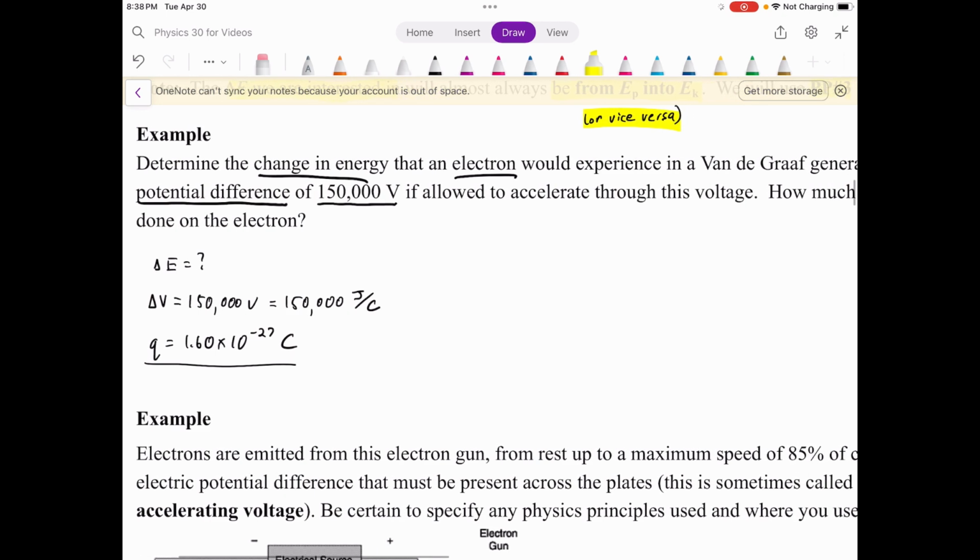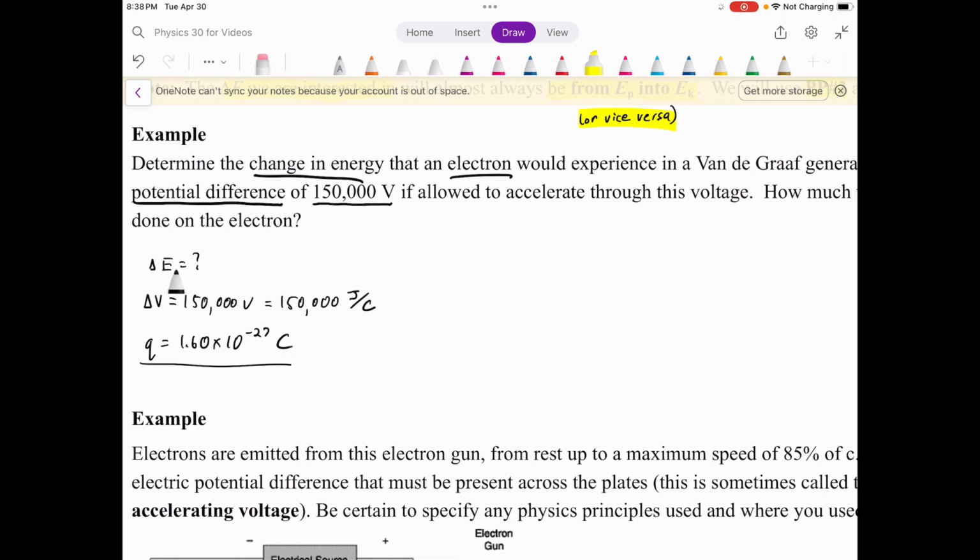Well, hey, look, we're trying to figure out what its change in energy will be. What we have is the potential difference, right? The change in potential energy, or the change in energy it will experience for every coulomb of charge it has. Well, we also know how many coulombs of charge it has, right?